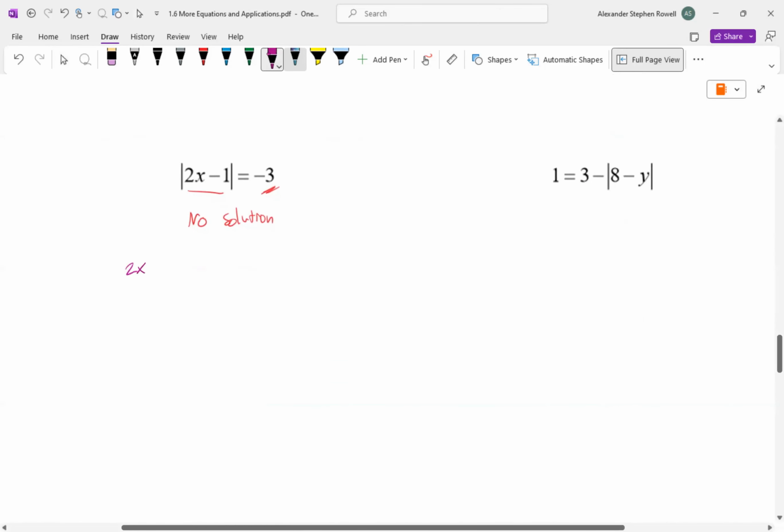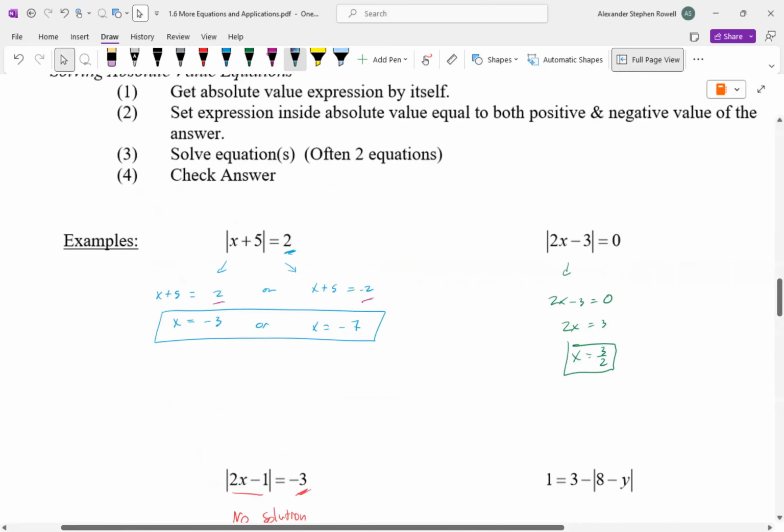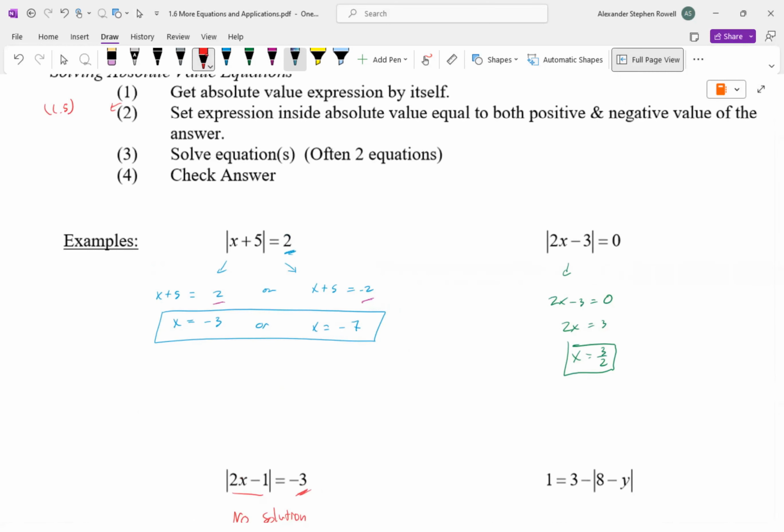Because what if I did that to this problem? 2x minus 1 equals negative 3, or 2x minus 1 is equal to positive 3. Then it would tell me my answer is negative 1, or my answer is 2. I would get two solutions, which would be absolutely wrong. So you need to think, does it make sense before you solve for absolute value? So that should be step 1.5. Does it make sense?